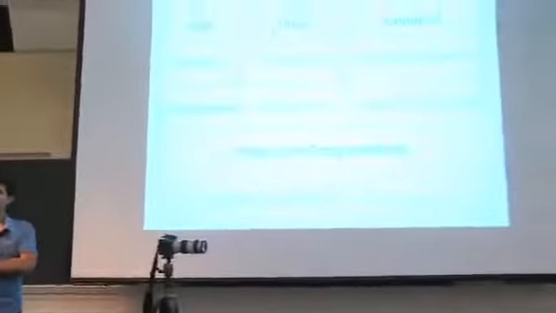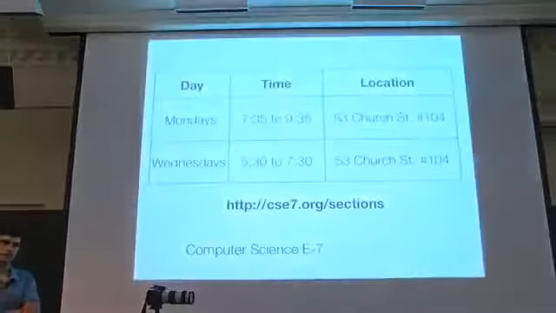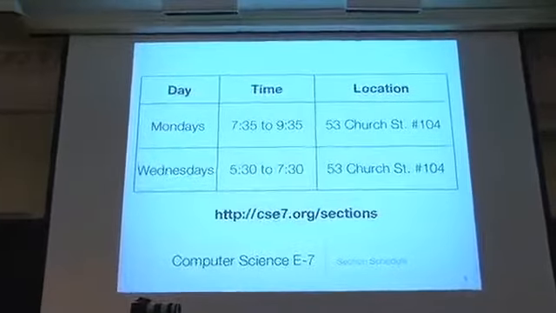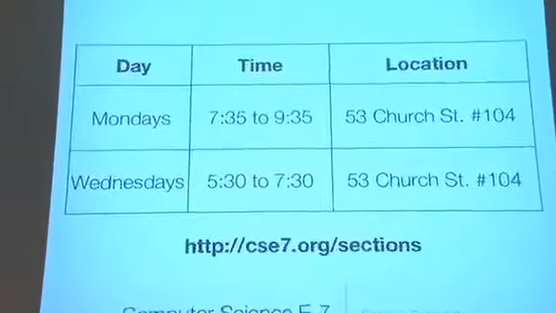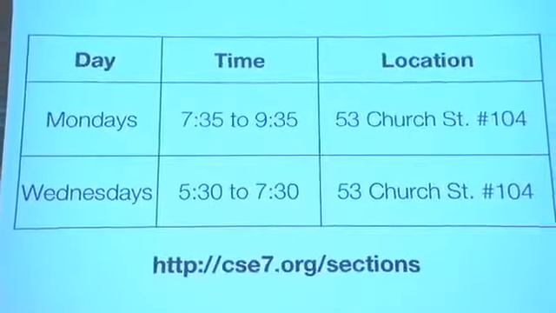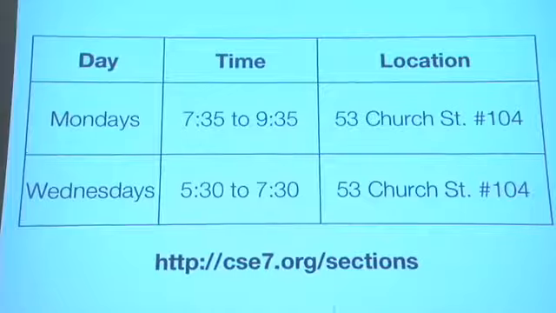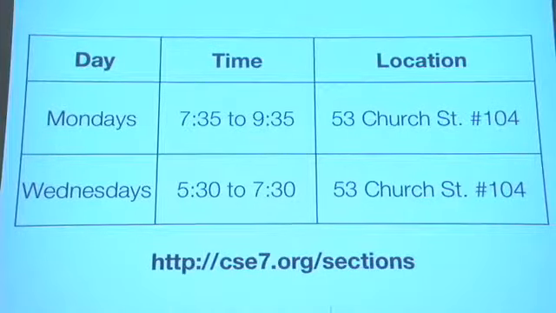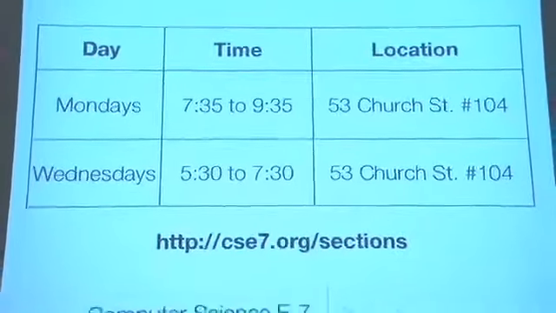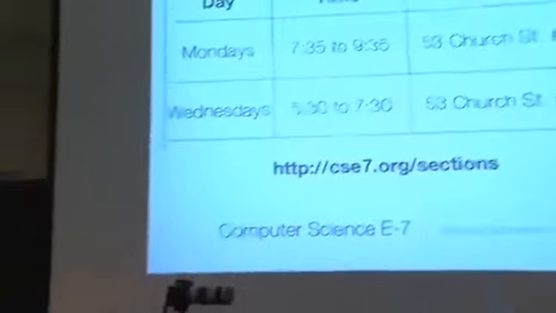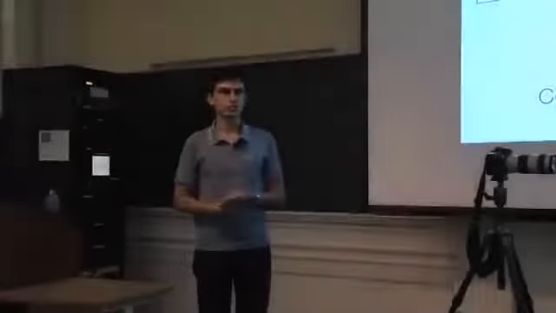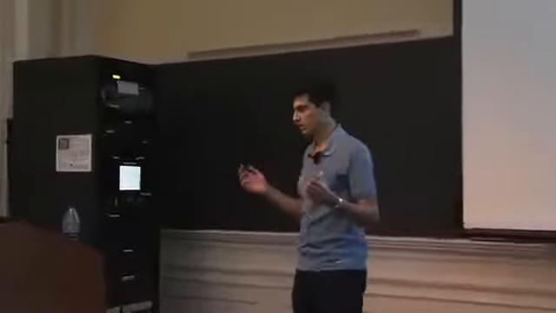And we actually are starting sections this week, and so we've released not only a schedule of sections here on this slide, but also on the website, so that you can go and verify what time these are. These start today, and the first one is after class in 53 Church Street, number 104. That'll be led by John Selig, who stepped out for just a moment. But these are meant to be more informal than lectures are, and they'll be a little bit smaller, and so it'll be much more discussion-based, much more question and answer sort of thing.